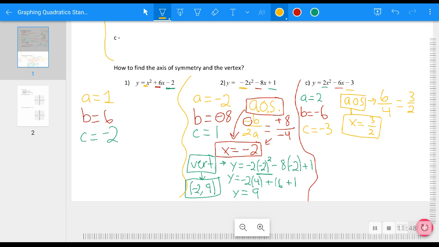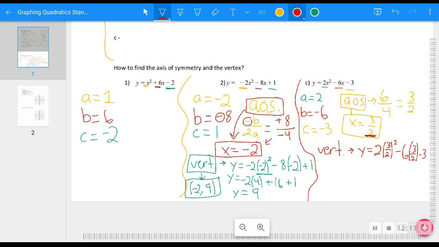And then next we have our vertex. And remember, all we have to do to find our vertex is plug that x value back in for x in our equation. So we'll have y equals 2 times (3 halves) squared minus 6 times 3 halves minus 3.